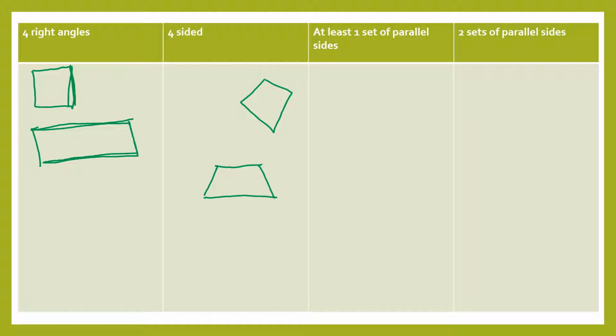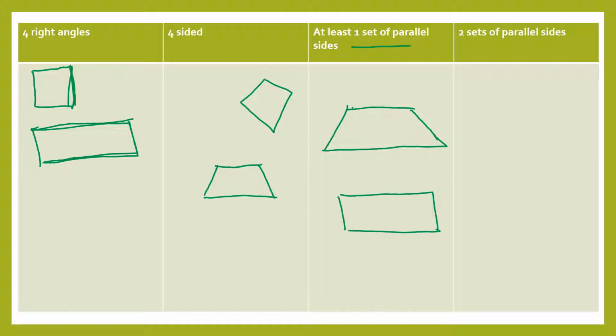Is there any other ones we haven't thought of? No. Alright, a shape that has at least one set of parallel sides. When you do a trapezoid, at least means you could do something that has more than one set of parallel sides. So I'll do a rectangle.